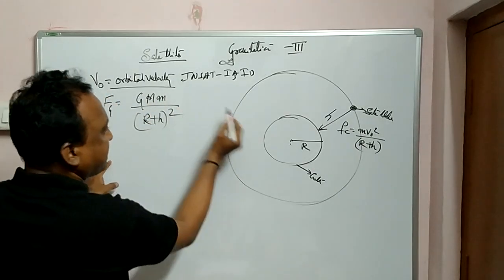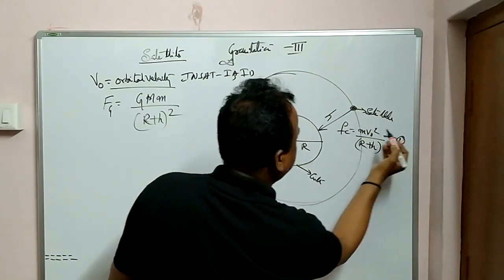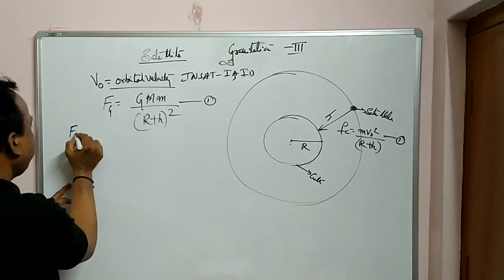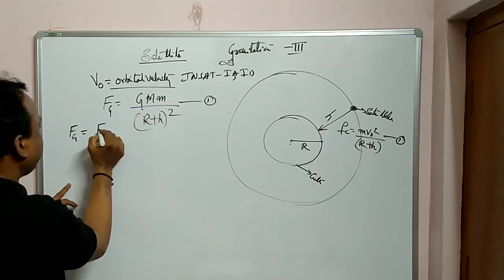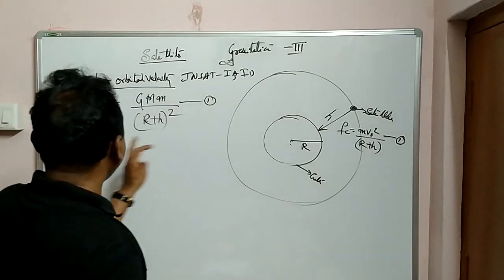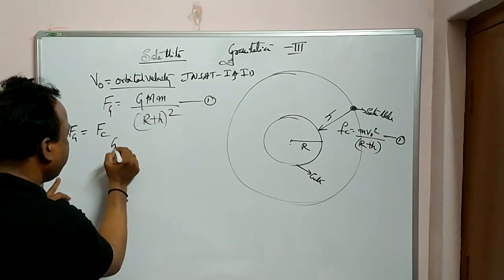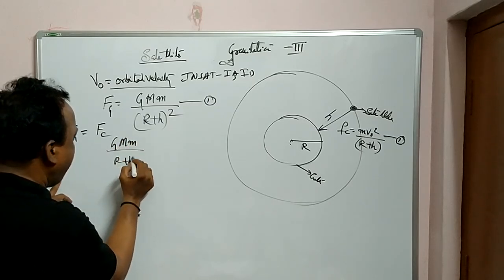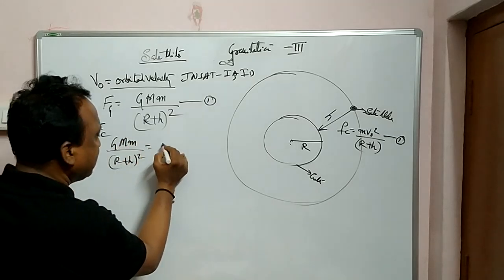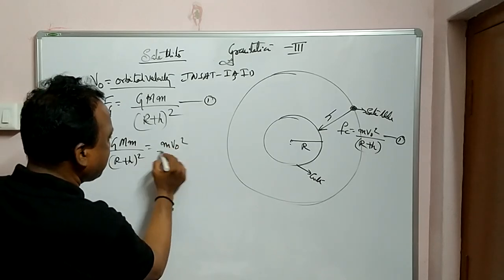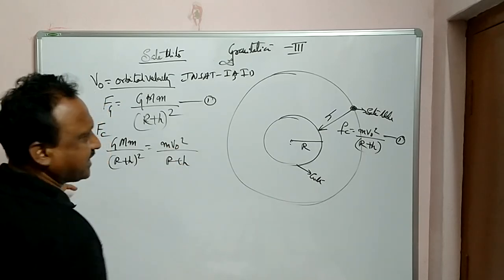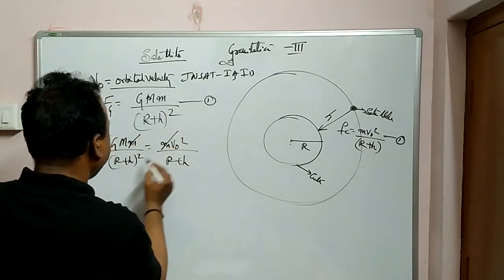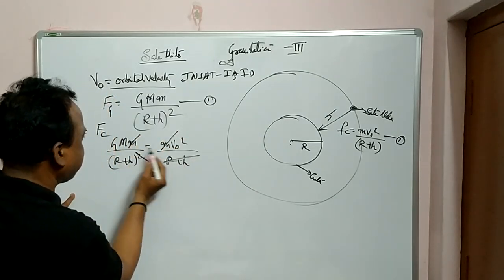Now this is one equation, the centripetal force, and this is the gravitational force. So both forces you can equate mathematically. Equation 1 is equal to equation 2. Then what happens? Capital G M m by (r plus h) whole square is equal to m v naught square by (r plus h), the centripetal force. m gets cancelled, one (r plus h) gets cancelled.